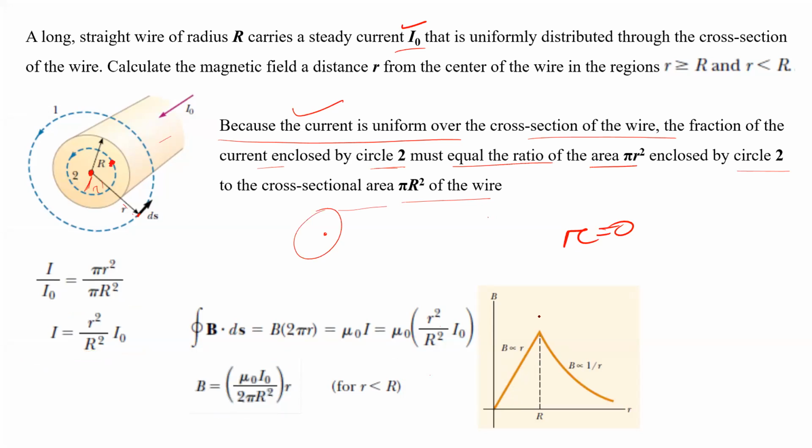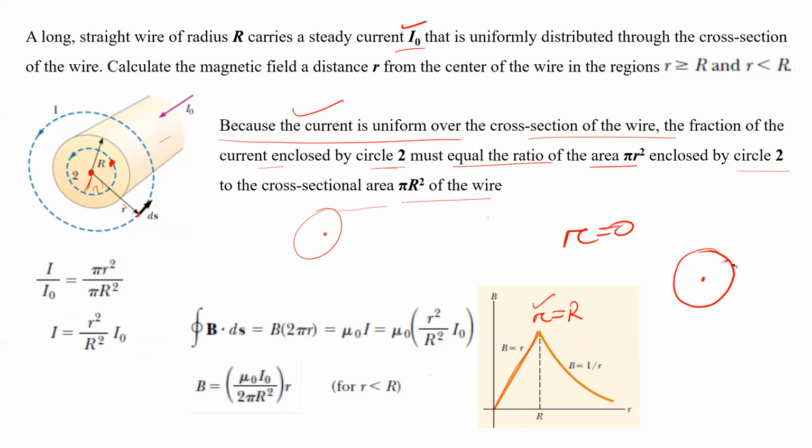So up to this r is equal to capital R, the radius of the cross section, the surface of the cross section, the magnetic field from center to surface of the cross section increases linearly with respect to the distance.